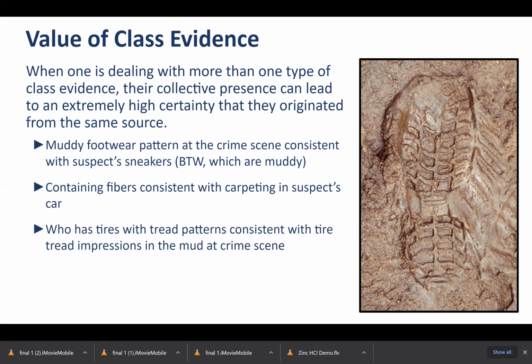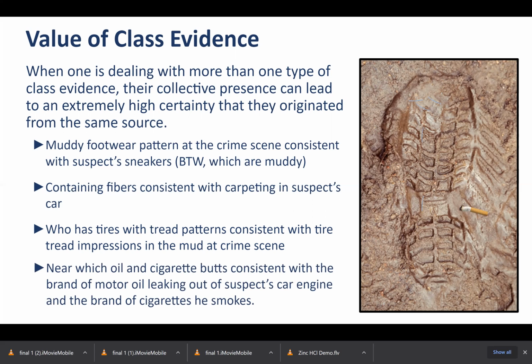Now, let's say the tires of the suspect's car have tread patterns that are consistent with tire tread impressions in the mud at the crime scene. Well, there's another coincidence or another class evidence.